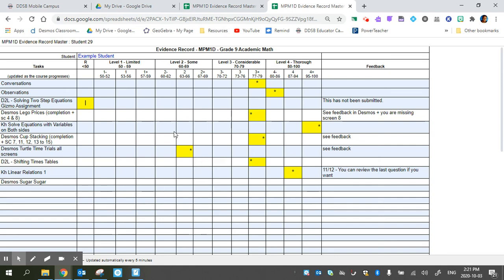So as much as we love talking to students and parents about how the students are doing, now you have this evidence record that is updated regularly, and it allows you to see how everybody's doing. If you're a student, you can see that, for example, if you acted upon some of this feedback, you should see these move, right? Hopefully, or not if you didn't respond to the feedback.